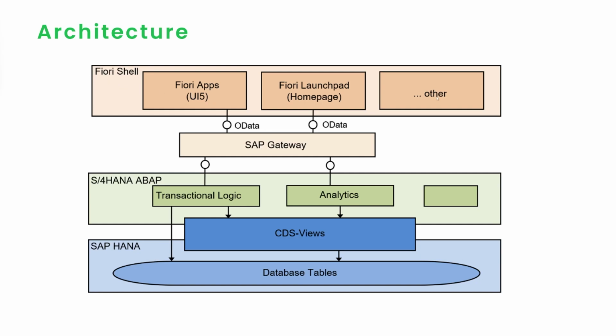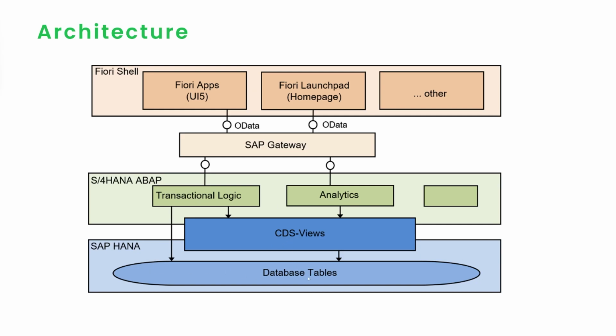and from the gateway service we have to create an OData service, and after that you can see that there are many applications. It depends on which application will consume that OData service. Currently we will use Fiori apps using SAP UI5, and that Fiori app will consume our OData service.